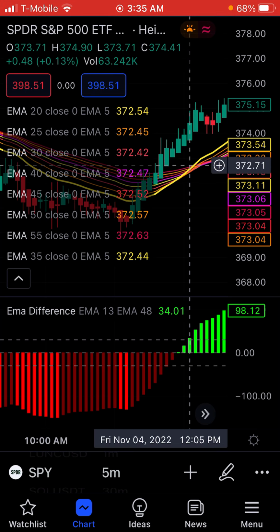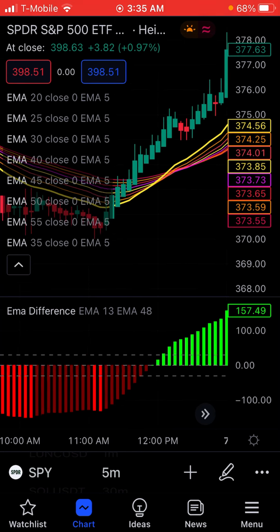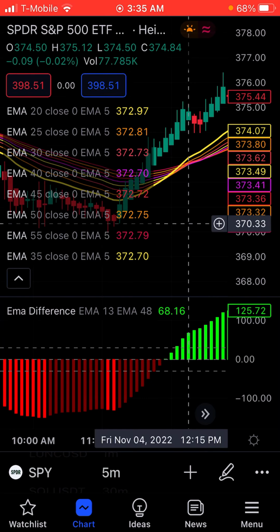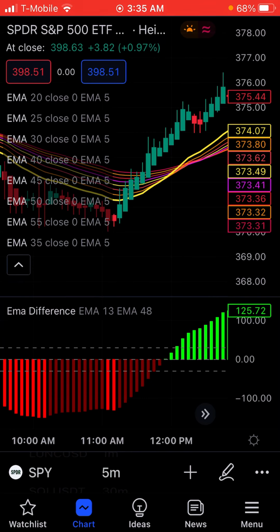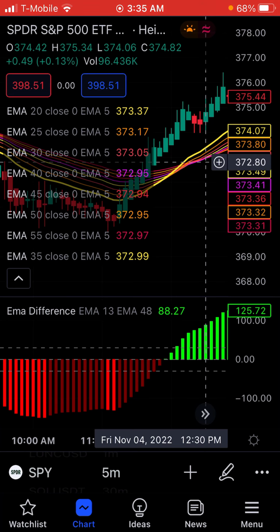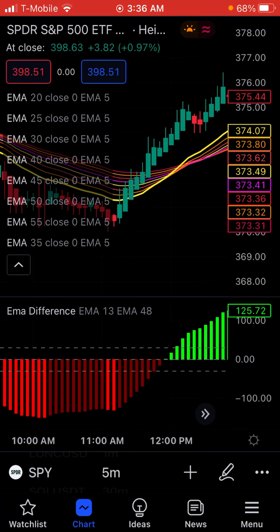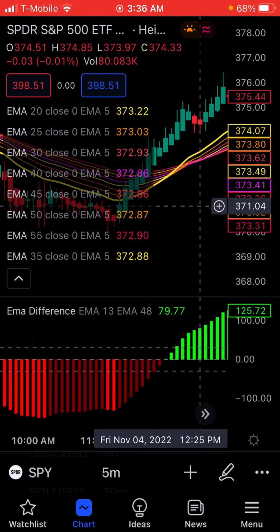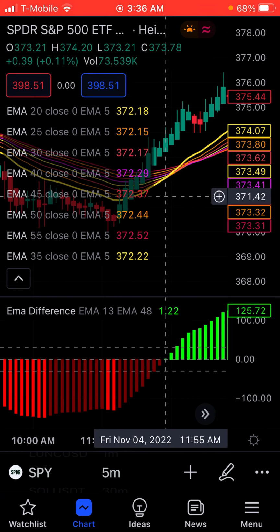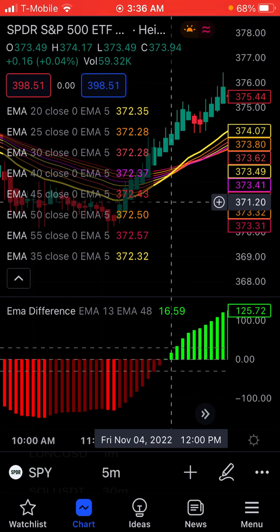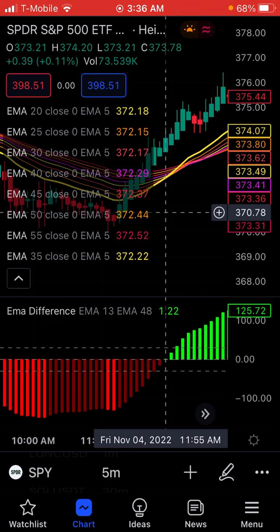The next thing you want to look for after you see your signal is your EMA difference. You're basically looking for the cross. It's the same thing as if you were to have the 1348 actually listed as an indicator at the top, but it's just more visual on the bottom. Usually you'll see the start of a small green or a red.